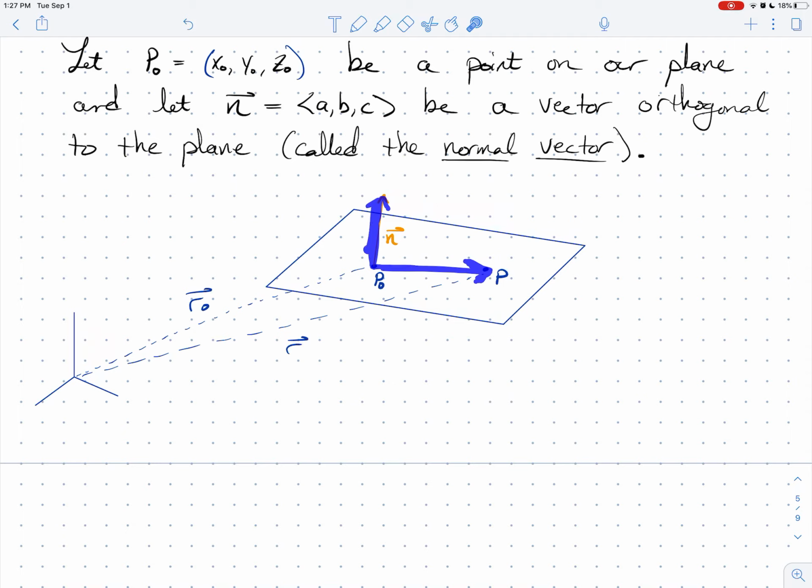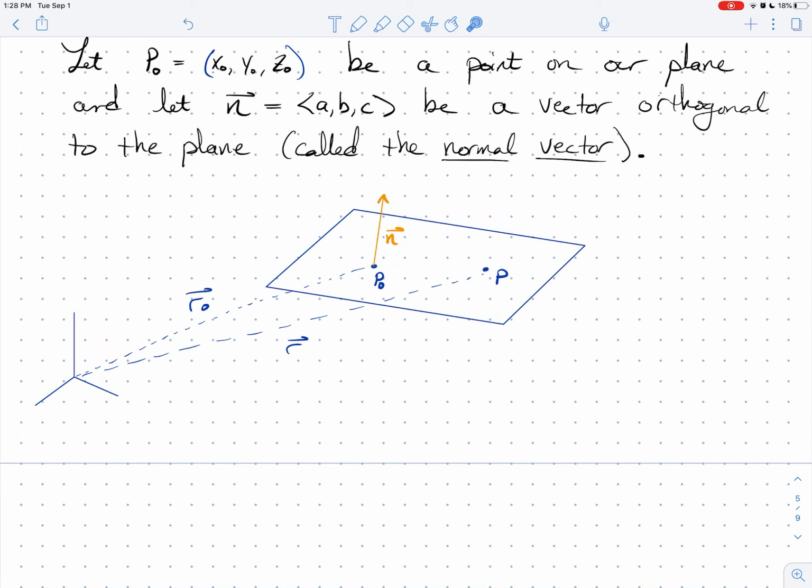If you think about what this normal vector is, what the flagpole is, it's orthogonal to the plane. And so that means that if P is on the plane, then the angle between those two vectors should be 90 degrees, right? And how do you check if these two vectors are orthogonal? You compute their dot product. Their dot product should be 0.